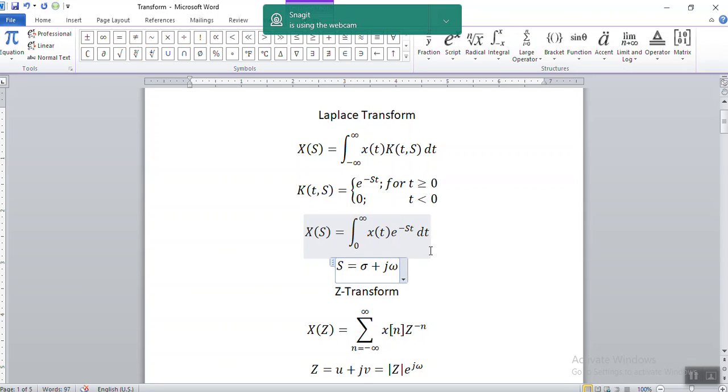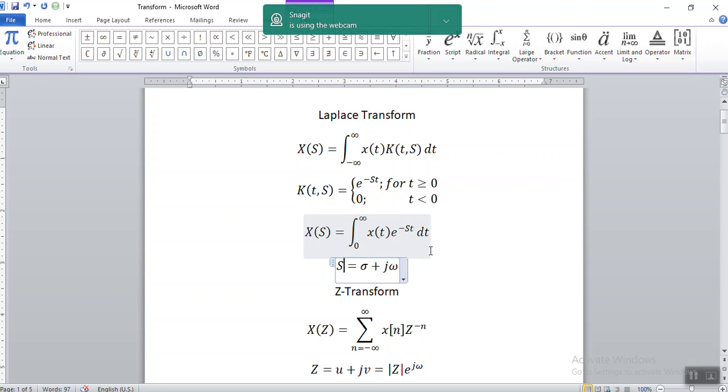It is quite difficult to solve a second order or third order differential equation, but if you do the Laplace transform, then that second order differential equation becomes a quadratic equation. I hope you understand that a quadratic equation is far simpler than the solution of a differential equation. That is one of the reasons why we do the Laplace transform in the case of a continuous or analog system.